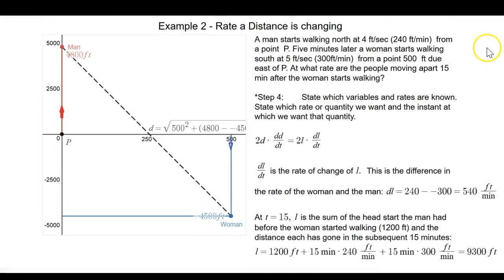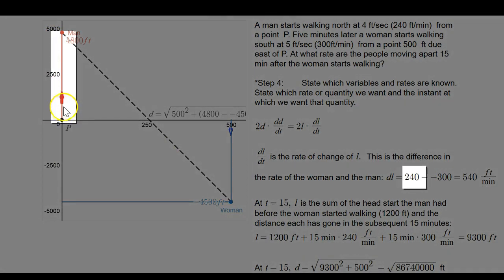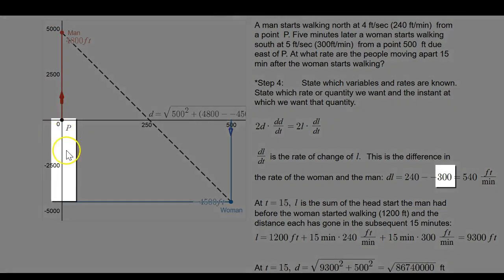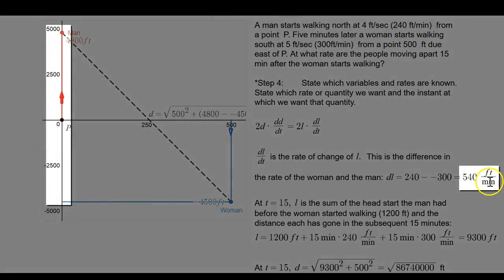So now step 4, we want to figure out what it is we're trying to solve for and plug in what we know. So dl/dt is the rate of change of this side, and that can be determined from the rate of change of the way the man was walking and the way the woman was walking. So if I add the absolute values of each of their rates, he was walking at 240 feet per minute and she was walking at 300 feet per minute, so this side is changing by 540 feet per minute.